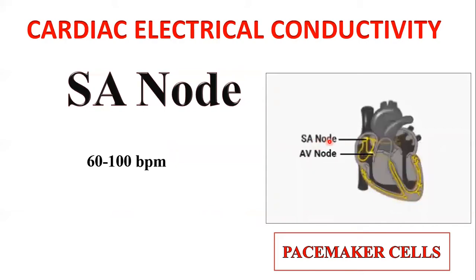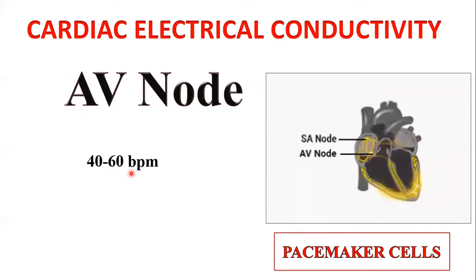This sinoatrial node controls the activity of the heart, more specifically the right atrium and the left atrium, and it controls the heartbeat at the rate of 60 to 100 beats per minute. So it is basically the normal heartbeat. The sinoatrial node determines or maintains the heartbeat at the rate of 60 to 100 beats per minute.